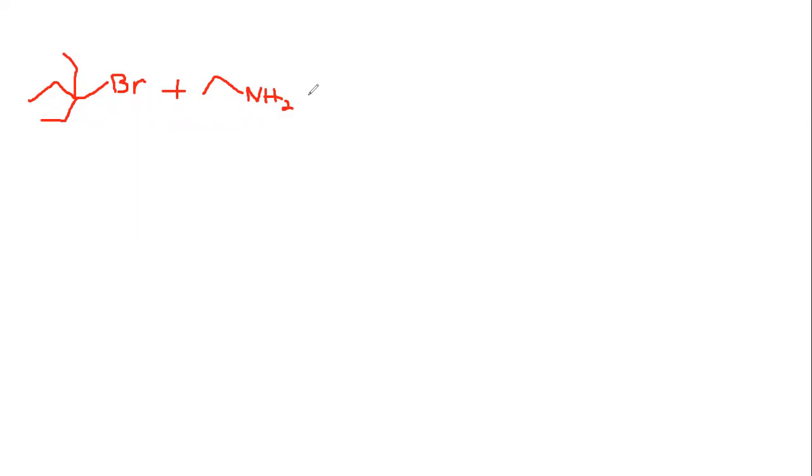So again, the products from this reaction are going to be substitution of the nucleophile with the amine. So we want to know, is the mechanism for this reaction going to be SN1 or SN2?